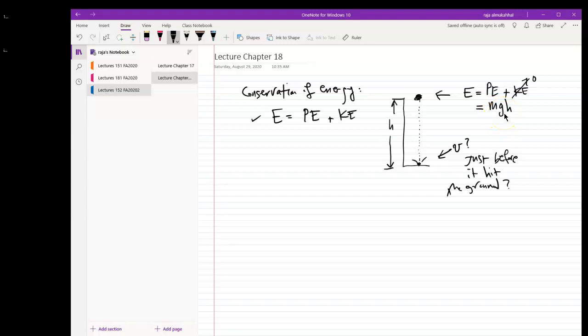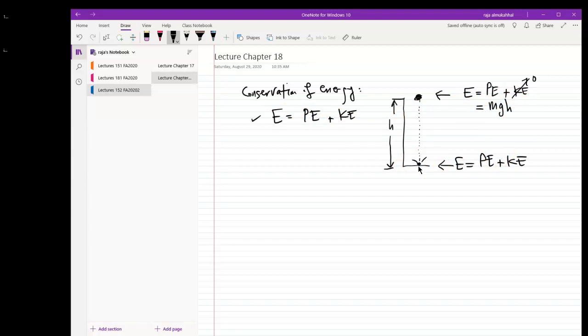Now, allow me to erase that. If I want to calculate now the total energy just before it hits the ground, right here, again, it's always potential plus kinetic. But in this case, the potential, which is heavily dependent on height, well, it is an infinitesimal height.